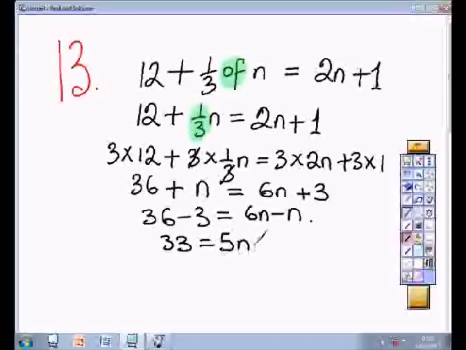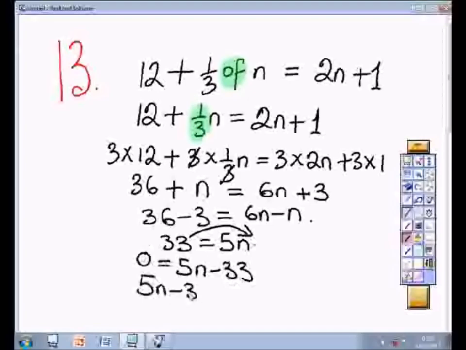So if we transfer this to the right hand side, we have 5n minus 33 is equal to 0. Of course, we may just write it as 5n minus 33 is equal to 0.